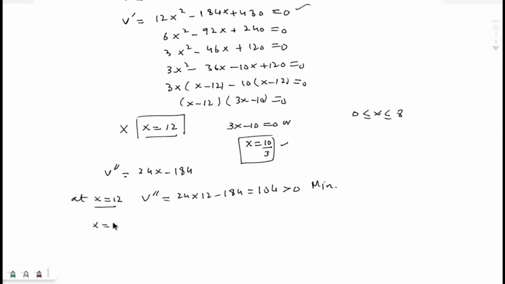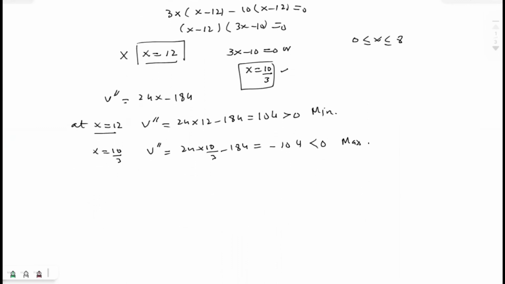We'll check the other one, x equal to 10 by 3. V double prime is 24 times 10 by 3 minus 184, and this will result in negative 104, which is negative. It means this will result in a maximum value. So x equal to 10 by 3, which is 3.3 centimeters, will result in a box having the maximum volume.